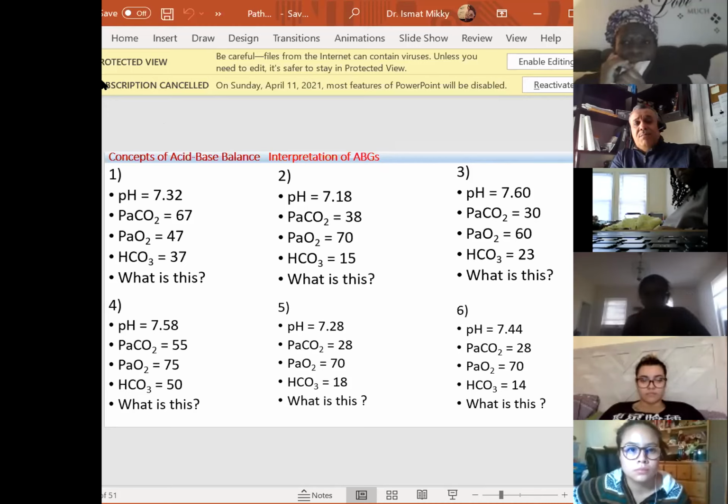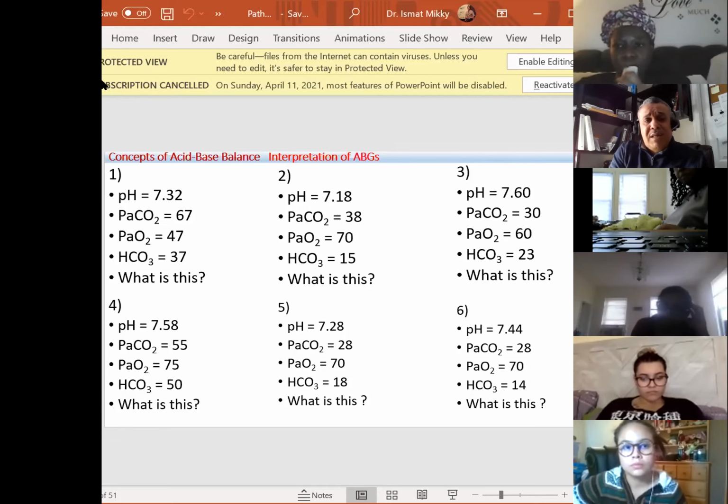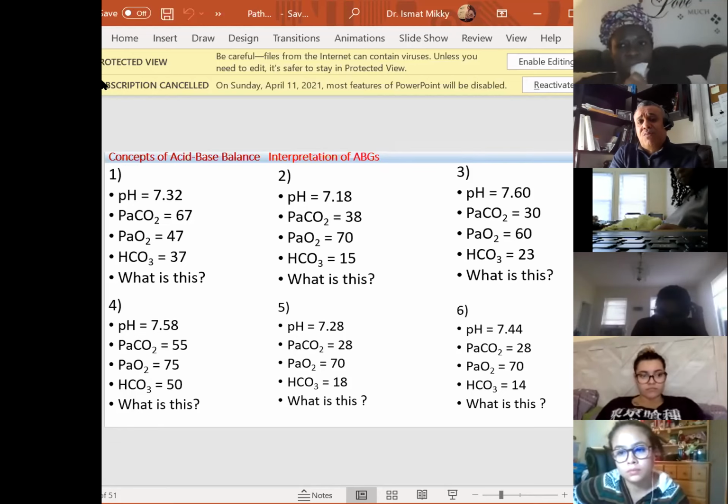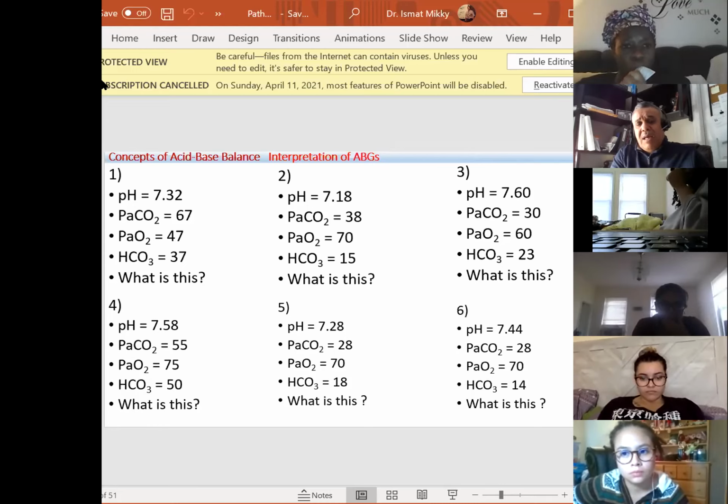So the bicarb is 37, which means it's out of range. So is there any compensation? Let's explain the three levels of compensation. The first one, when we say no or zero compensation, we mean that the non-matching component, which in this scenario would be the kidneys, hasn't intervened yet, did not do anything, hasn't started the compensation yet.